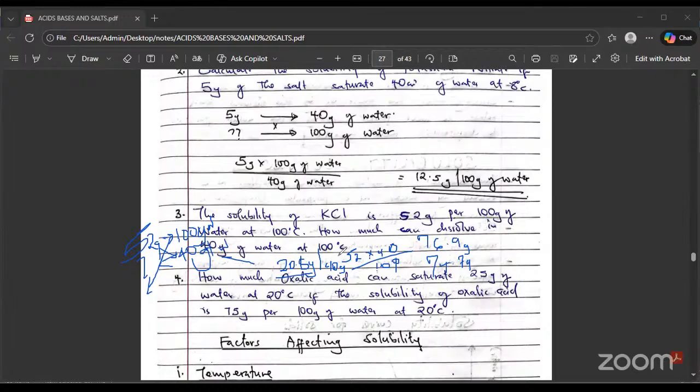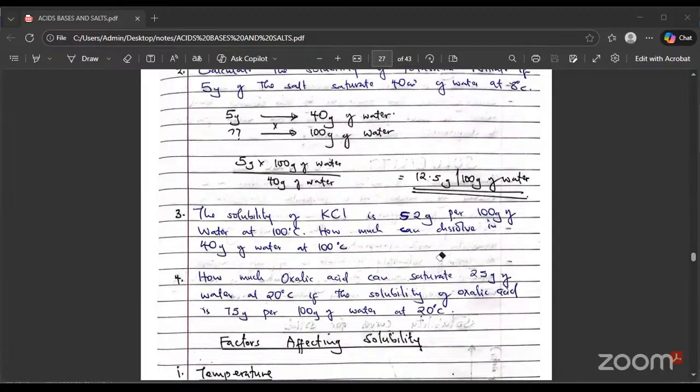So actually, anytime you see the amount of water has been reduced, let me explain it this way. Anytime you see they have reduced the amount of water from 100 grams, anytime you see 40 grams of water, 10 grams of water, you know that the value should be smaller than the one for 100 grams. You understand what I'm saying?